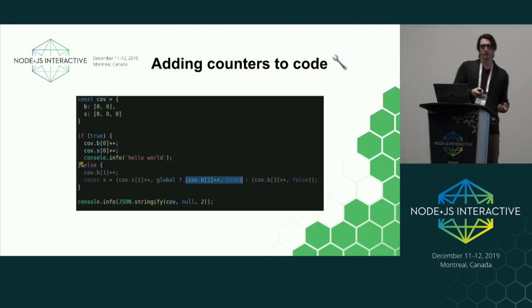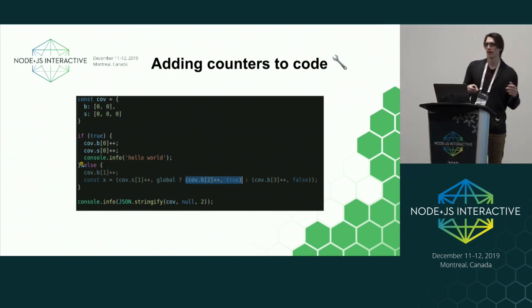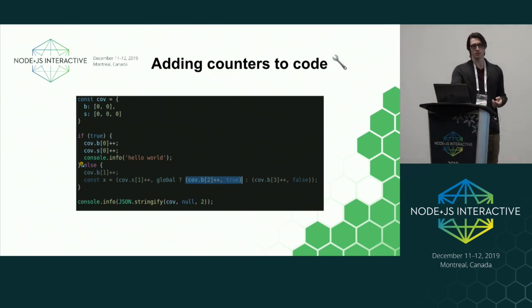Well, what we basically do, and this is what's happening today, just trimmed down a little bit, something like Istanbul or NYC takes your program, it rewrites it, and it adds all these counters in throughout your entire program. So if we take a look at the true block here, if true, we see that we're incrementing branch 0 and statement 0 if we happen to go through there.